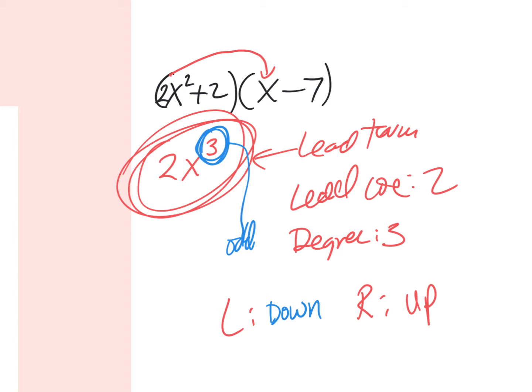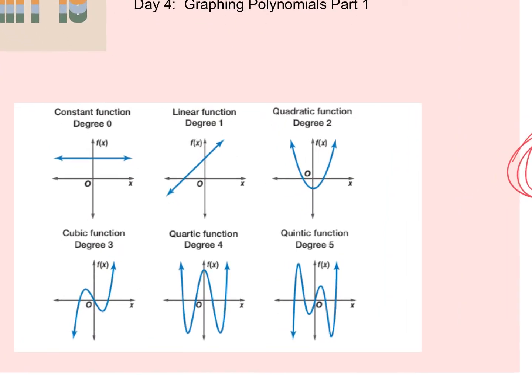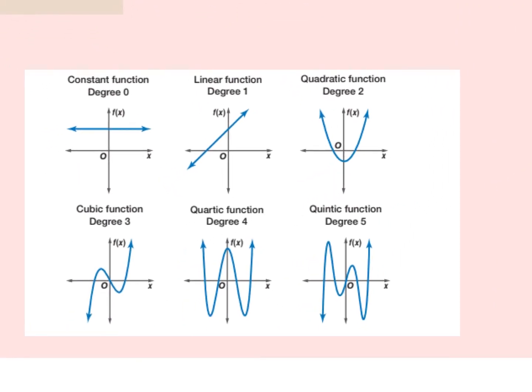All right. So what else do we have to know? Well, we're graphing today. And so here's the stuff you have to know. A constant function, like y equals 3, that is called a constant function. Why? Because there's no variable. It's just y equals 3, not even 3x.